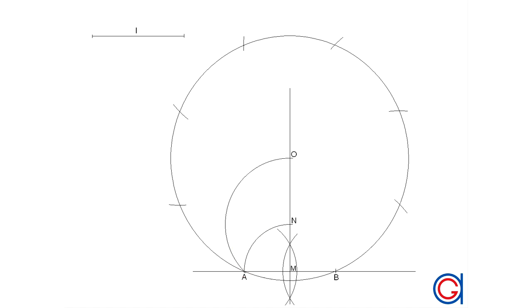Now we have the 8 vertices of our octagon, which we will name A, B, C, D, E, F, G, and H. And the only thing left to do is to join these vertices.